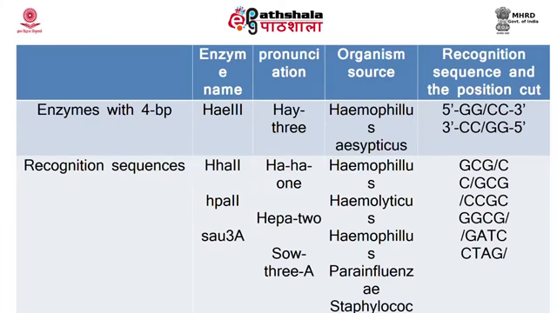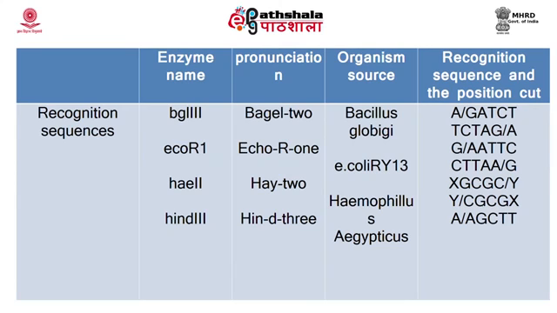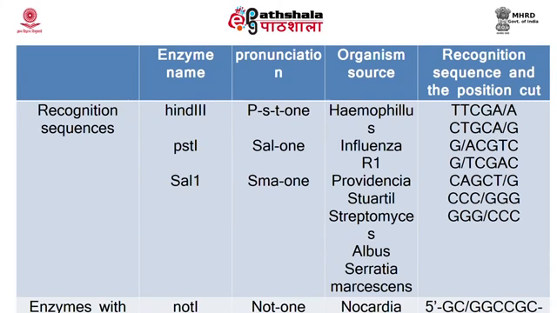This is the table showing the characteristics of some restriction enzymes, where the site of cleavage of the 2 DNA strands is shown by the symbol /, and X represents the purine, Y the pyrimidine, and N any base.